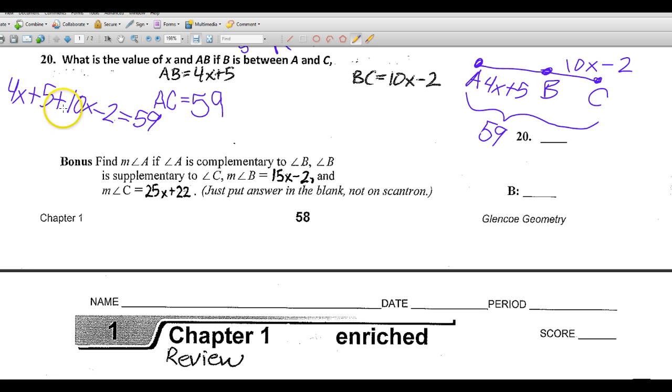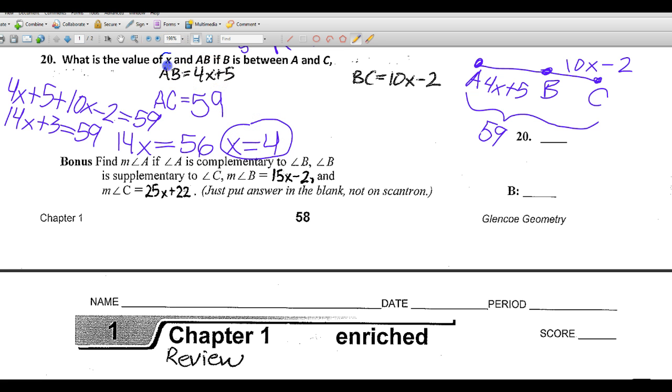So the two parts added together equals the whole. So we combine our like terms. We subtract 3 from both sides. And we divide by 14. So our X is equal to 4. That's part of it.